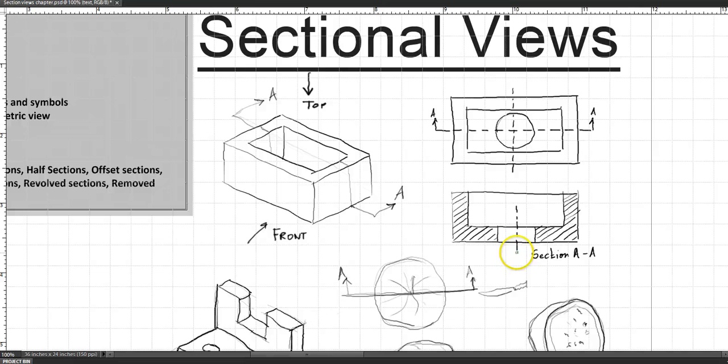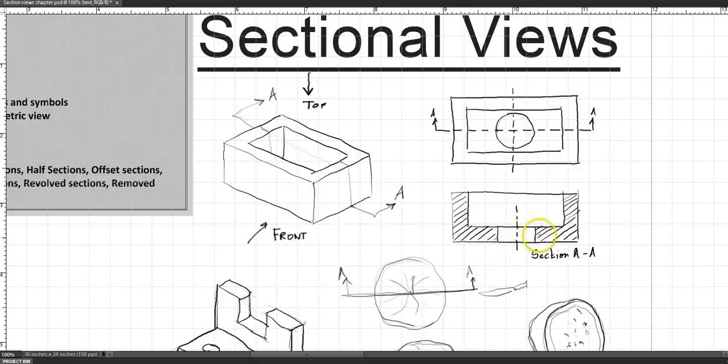So when it comes to orthographic projections, wherever we have holes, as well as wherever we have a lot of hidden lines, then we need to make a section. What a section is doing over here is it is getting rid of the hidden lines.